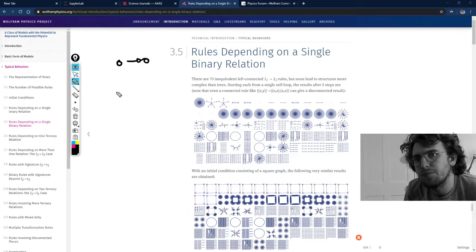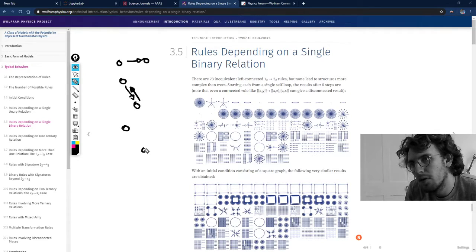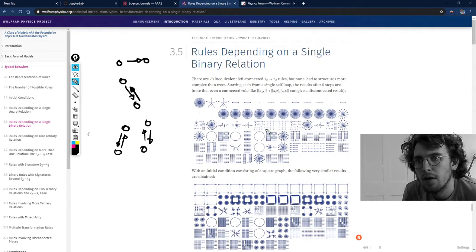X, Y goes to X, Z. Z, X goes to, because it does this. It's a double doubler. It's presumably that one.